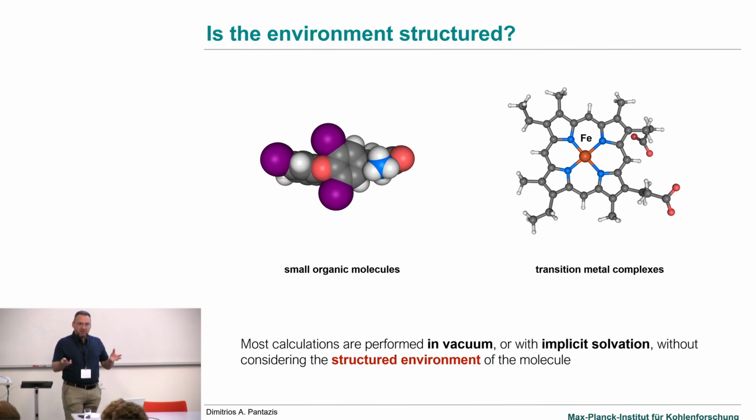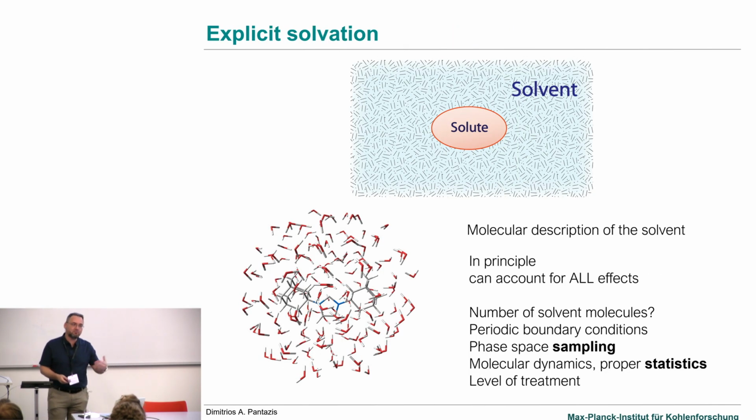So once you decide, based on experimental information or your knowledge of the system, that a continuum solvent model is not enough, then you need to represent the solvent explicitly, whether it's just one molecule or many molecules of solvent, which then creates its own questions, like how do I position them, how do I sample this, and do I need to do molecular dynamics or just a random distribution of molecules?